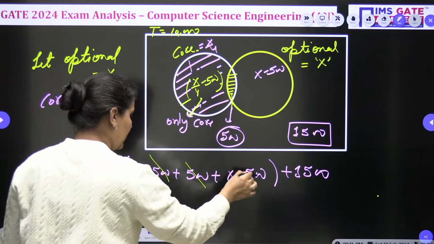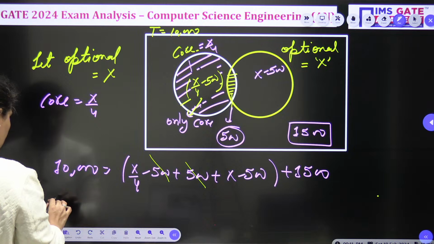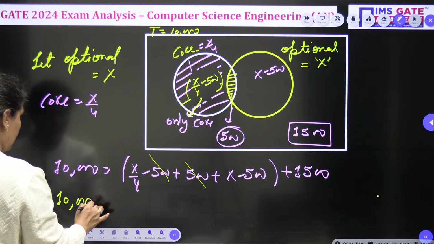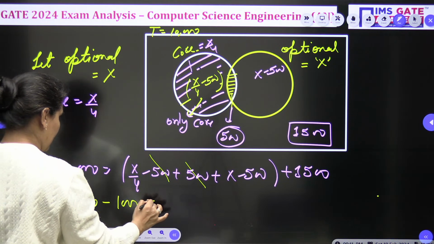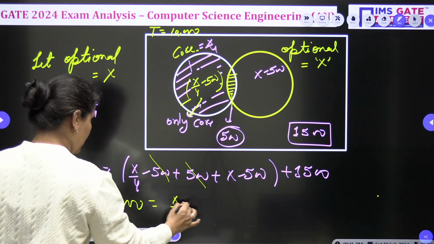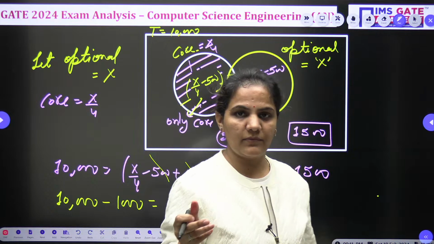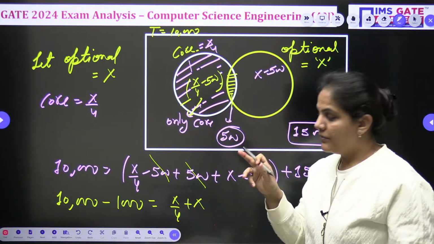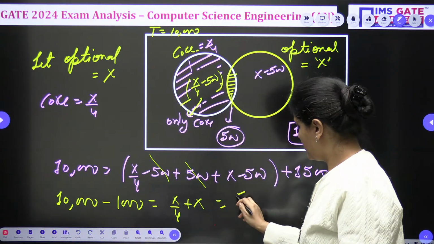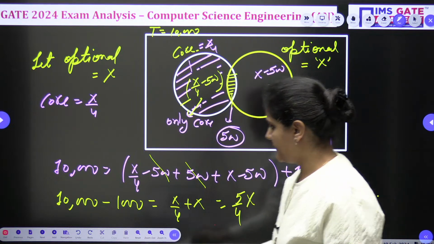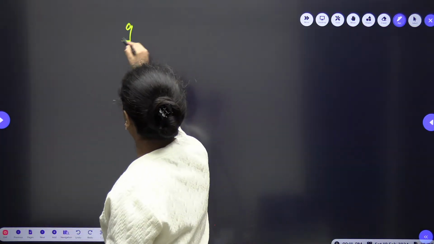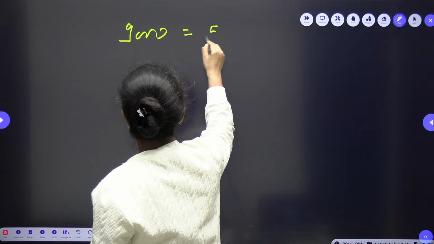So I am having 1500 minus 500, which is 1000. So 10,000 minus 1000 means 9,000. And you are having X by 4 plus X, which is 1 by 4 plus 1, that is 5 by 4, so 5 by 4 X. So 9,000 equals 5 by 4 X.